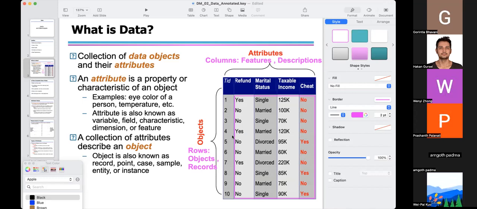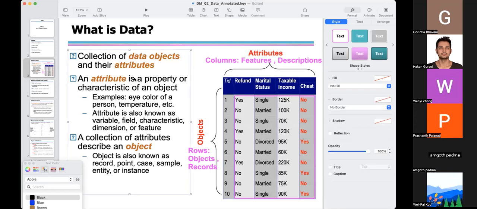So those could be transactions, they could be biological data such as human genes and genomes, or they could be climate data such as the temperatures, the rainfall, the sunny or rainy climate conditions. So that's why we call them objects, because they could be anything. In addition to human customers, patients, and students, they could be all anything. So we call them objects.